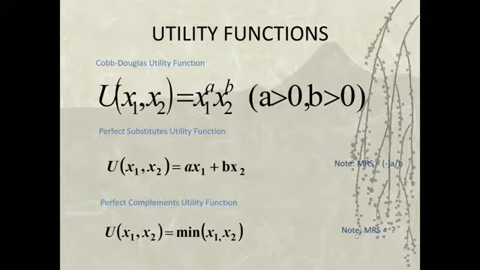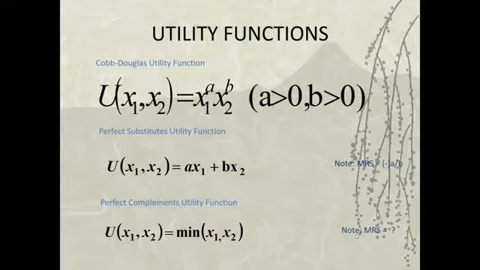So let's go to the perfect substitute utility function. The perfect substitute utility function is u(x1, x2) equals ax1 plus bx2, which is the total utility. In that case, your alpha and beta give the same kind of understanding.